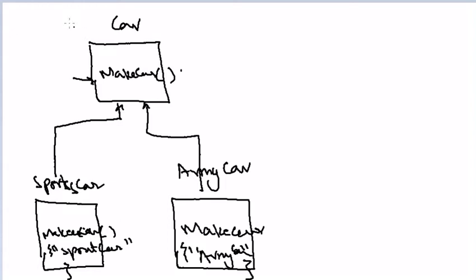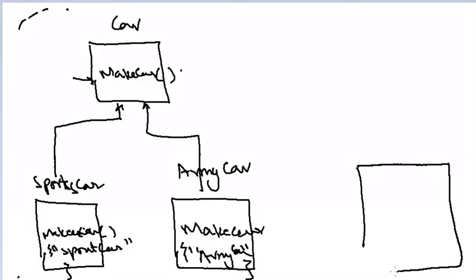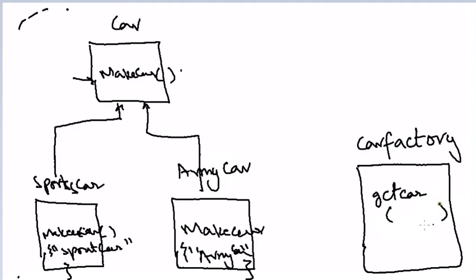Okay, so this is the creational logic. This is all the creational logic of the products. Now this car interface will be used by our factory class, which will be called car factory. This car factory class will have a function called get car, and we will pass it a string, whatever car you want to make.